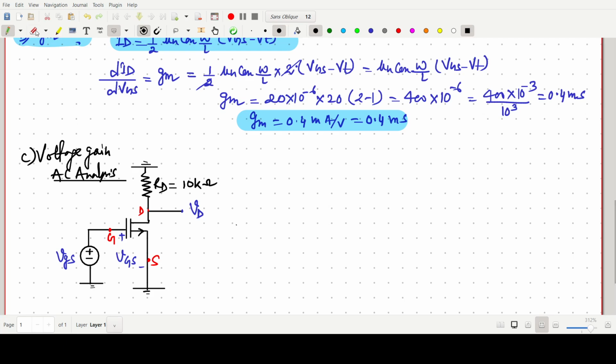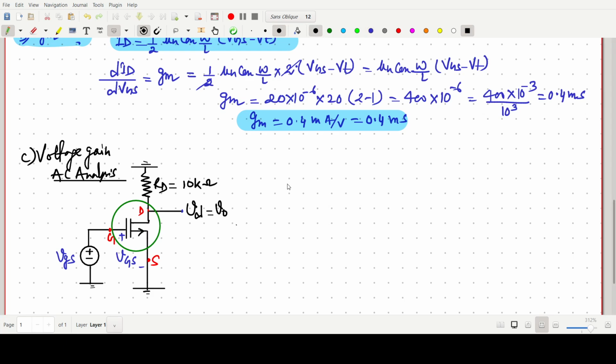Okay, and this VD is simply our small VD, or sometimes we can add the output. So what we have to do is replace this MOSFET with the equivalent AC model.